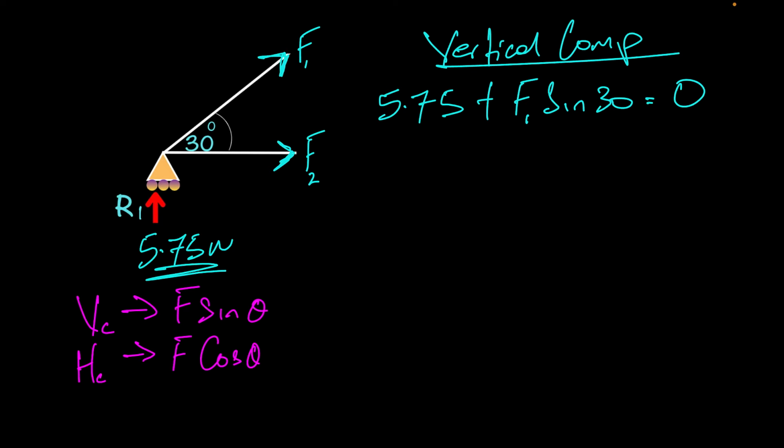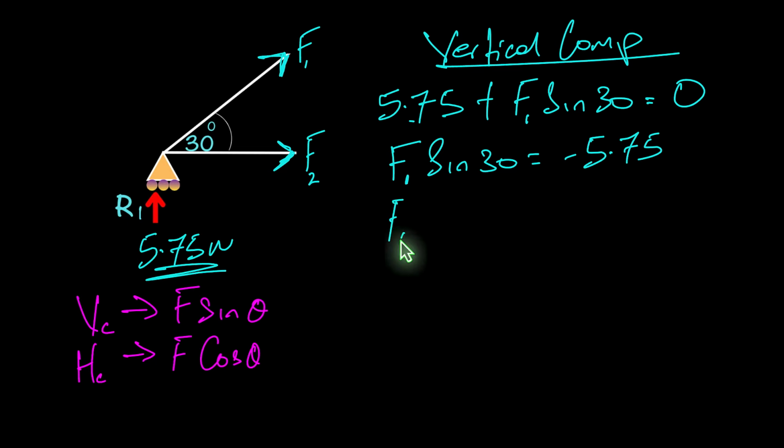F2 is not included simply because F2 is a horizontal member, so there's no vertical component for F2. So F1 sin 30 is equal to, if we do the inverse of plus 5.75, negative 5.75. So all we have to do is divide that by sin 30 to get what F1 is.